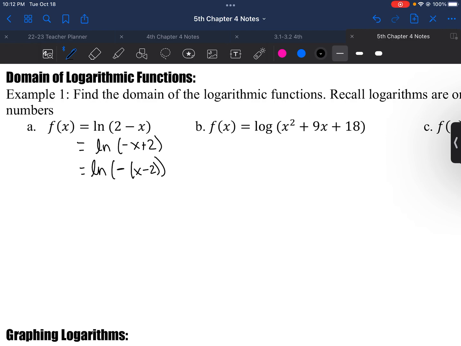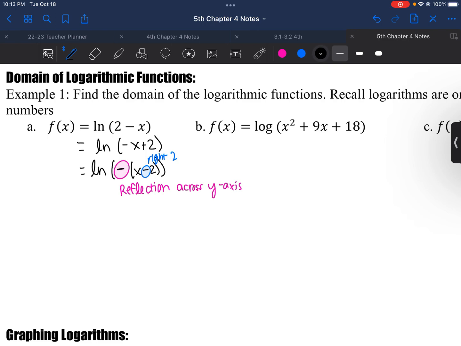But what this is saying is that this right here is a reflection. It's inside the function, so this is going to be a reflection across y. And this one tells me that we are going to shift it right 2.